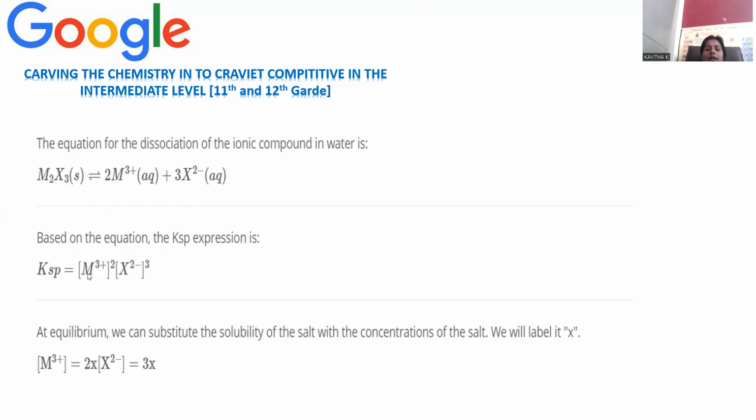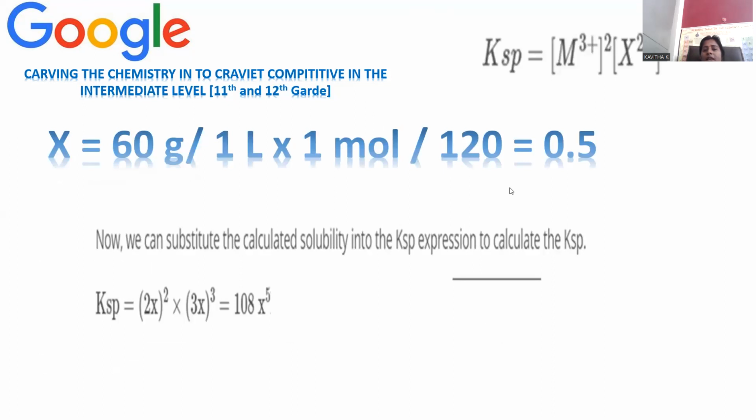Solubility product is the product of the solubilities of individual ions: the cation M plus 3 whole to the power 2 and the anion X minus 2 whole to the power 3. If you take the product of these two, KSP will be calculated. So KSP is equal to M plus 3 whole to the power 2 into X minus 2 whole to the power 3.